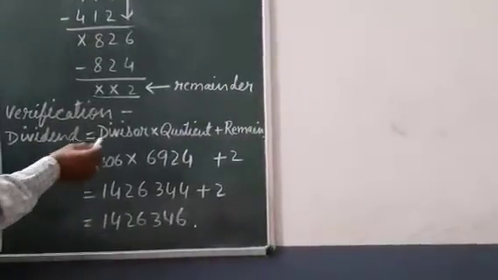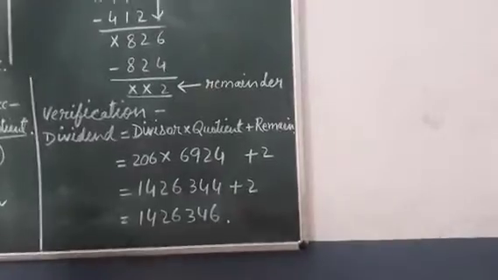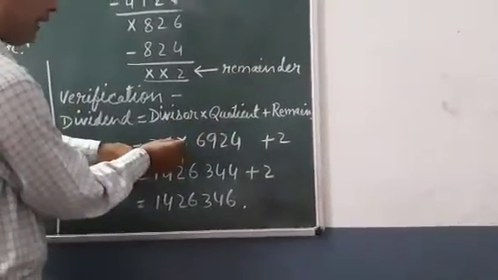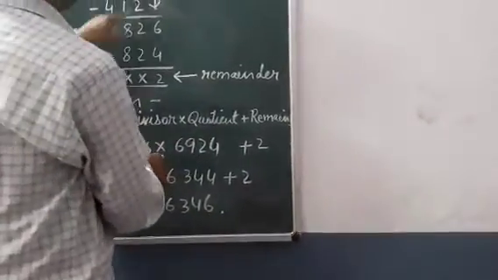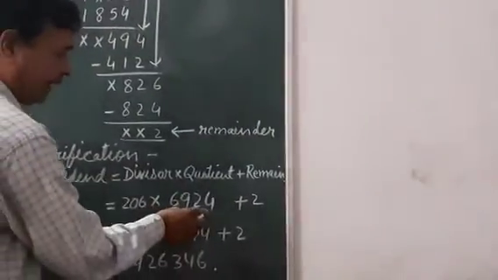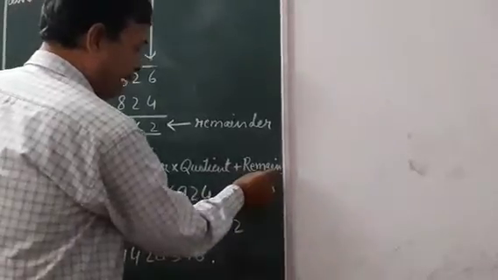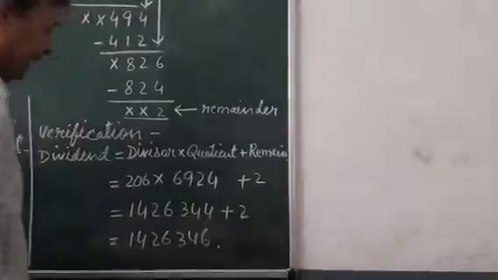Now, in place of divisor, what is the divisor in this division? 206. 206 is written. This multiplication sign is put here. After this we have to write the quotient. In this division, the quotient is 6,924. 6,924 is written in place of quotient. This plus sign is put here. Remainder. What is the remainder in this division? 2. 2 is written here.